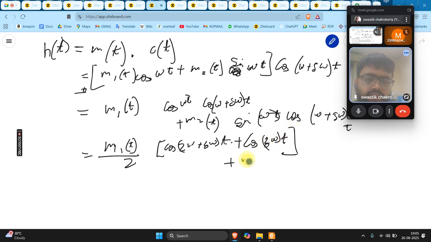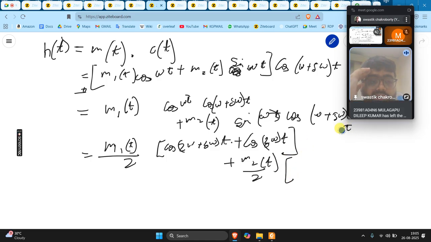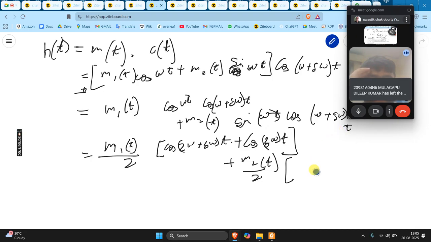Similarly, this one is 2 sin A cos B, which is sin(A plus B) plus sin(A minus B).